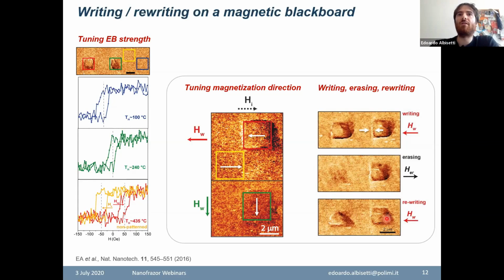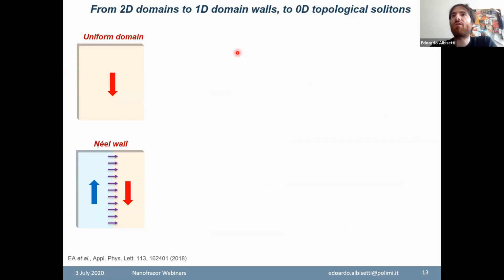So by using these two particular properties, we can go on and write something more than magnetic domains and magnetic domain walls that may also be interesting for data storage, for example. If we start with a uniform domain, a non-patterned domain, and we write a single domain here, for example by tam-SPL, with a magnetization direction that is opposite with respect to the outside magnetization, then, as I showed you before, we also stabilize the domain, but we also stabilize the magnetic domain wall.